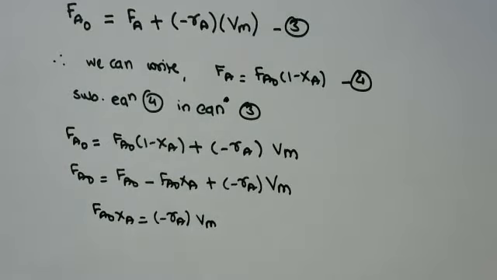So we can reorganize this equation as Vm upon FA0 is equal to XA upon minus RA.